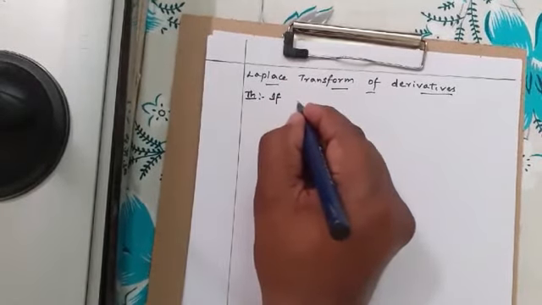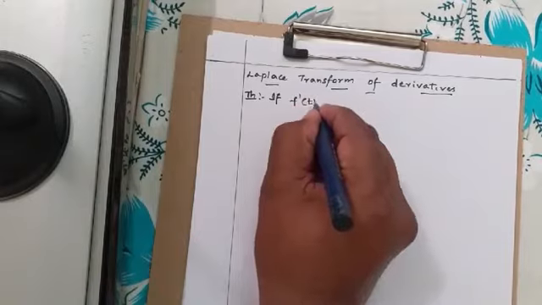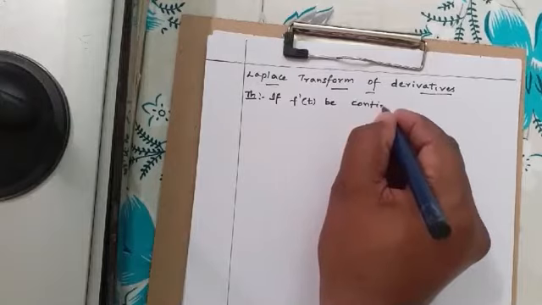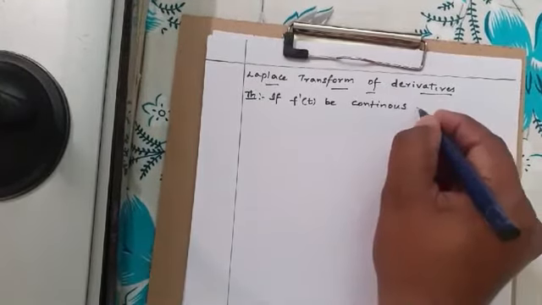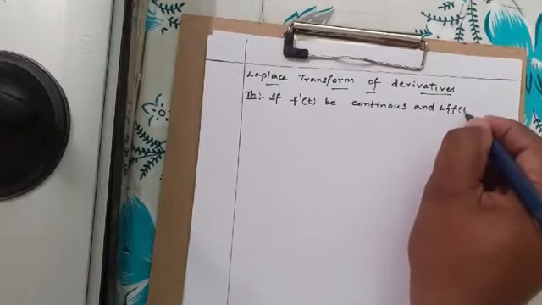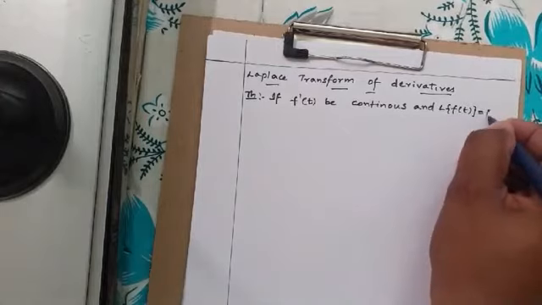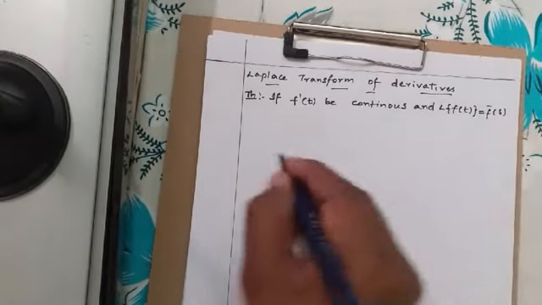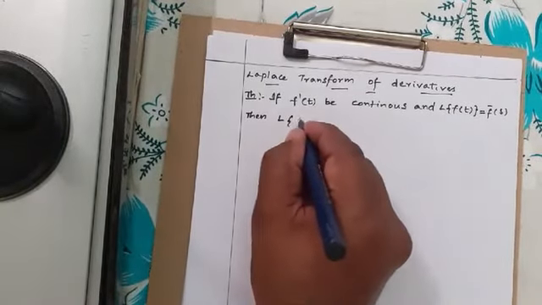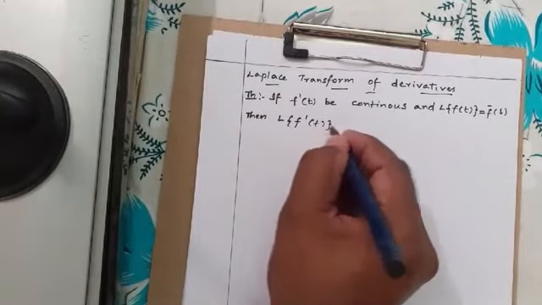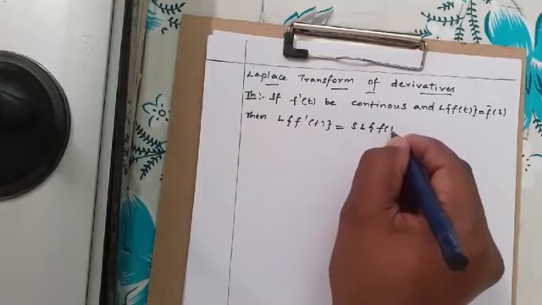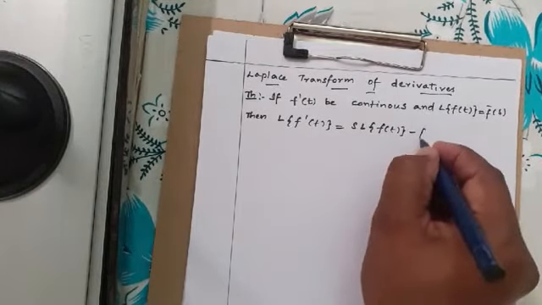If f dash t is continuous, and Laplace of f of t is equal to f bar s, then L of f dash of t is equal to s into L of f of t minus f of 0.